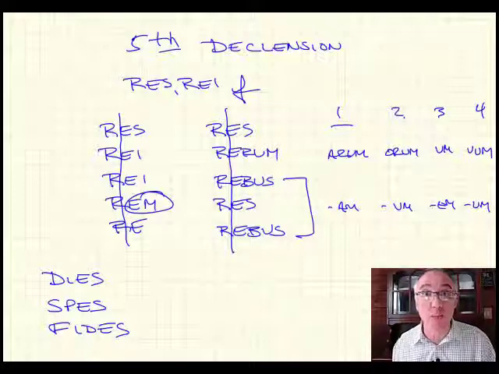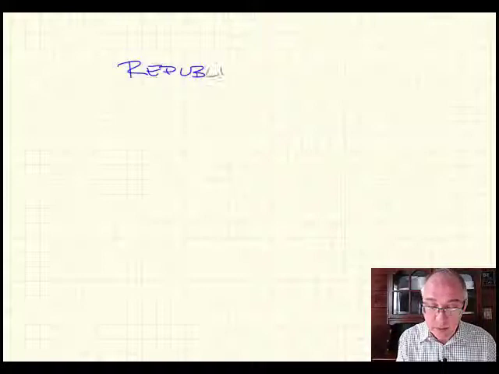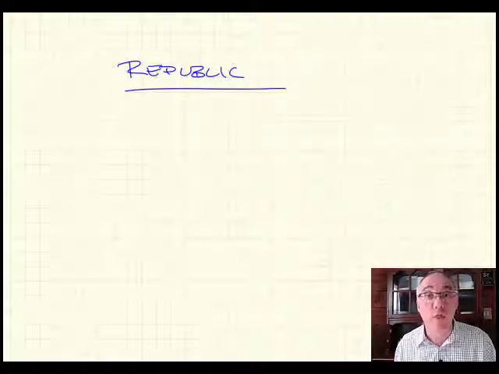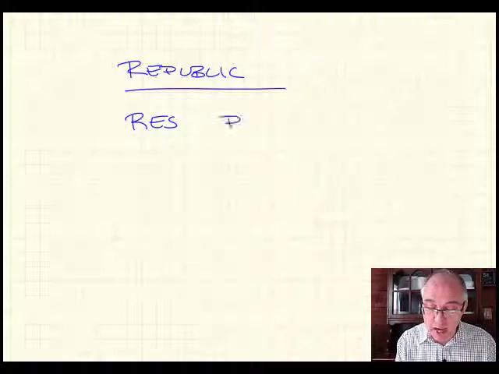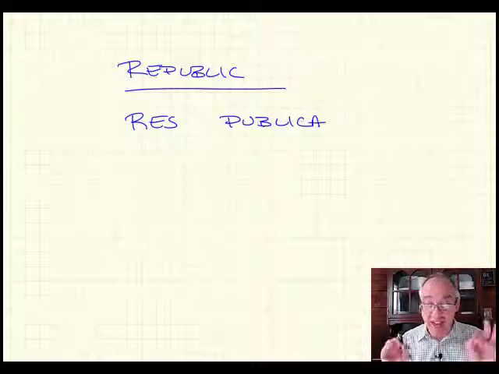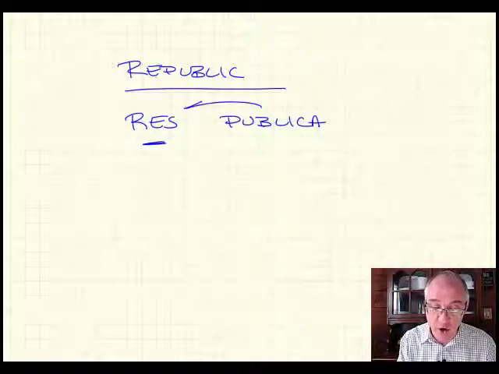But here's one place where res shows up. We use the word republic as all one word. The Romans separated it. They called it the res publica, the public thing, if you will. And as such, you have to decline both the noun res and the adjective publica.